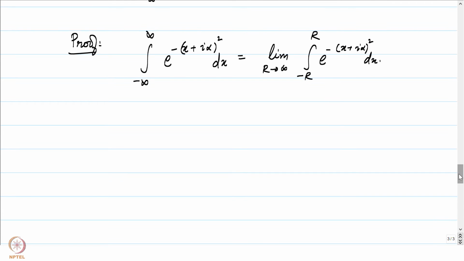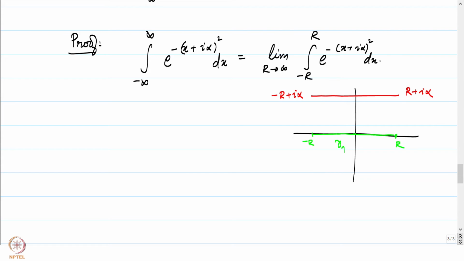Let's again draw a picture on the complex plane as to what we would like to do. The green curve is where we would like to compute our integral over. So let's call this gamma 1, and let the red curve denote the straight line joining minus r plus i alpha to r plus i alpha.